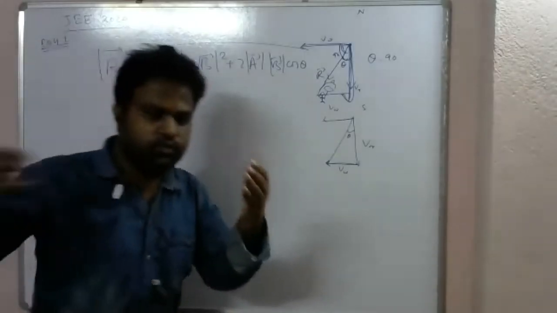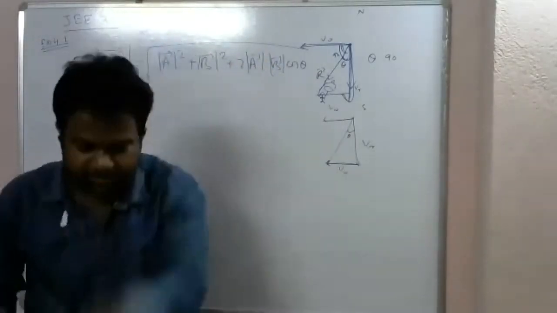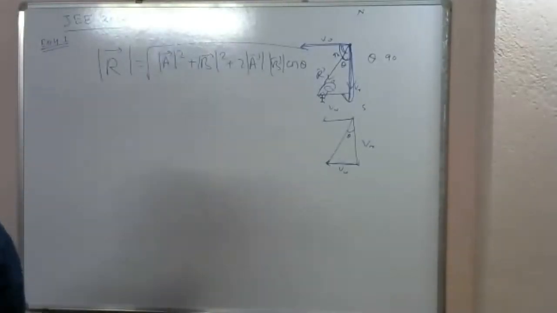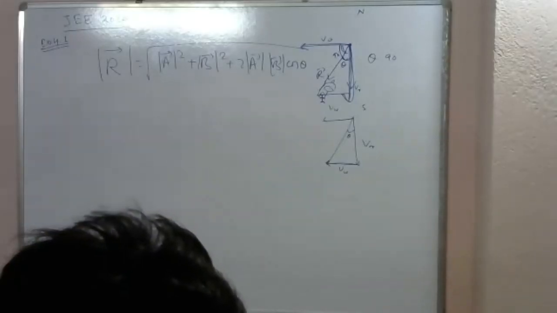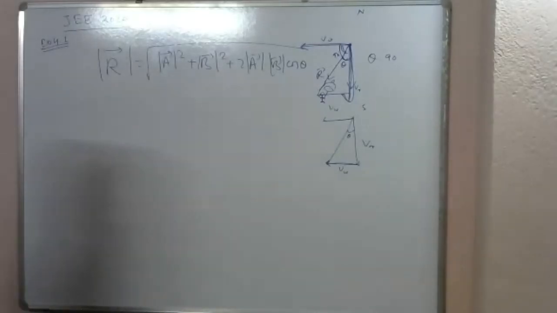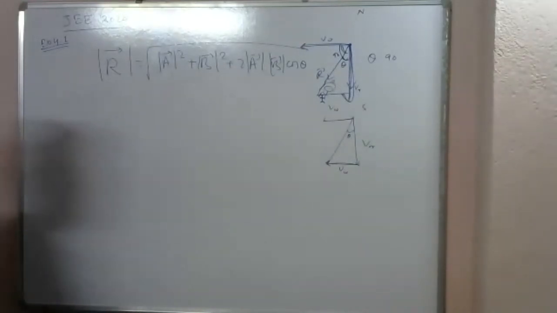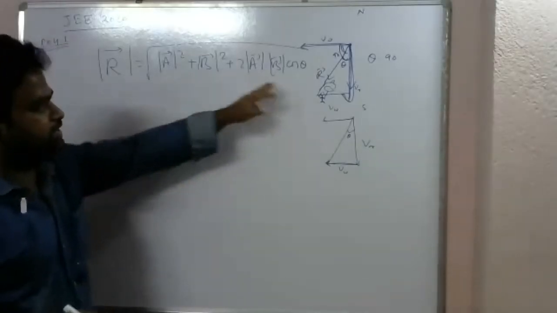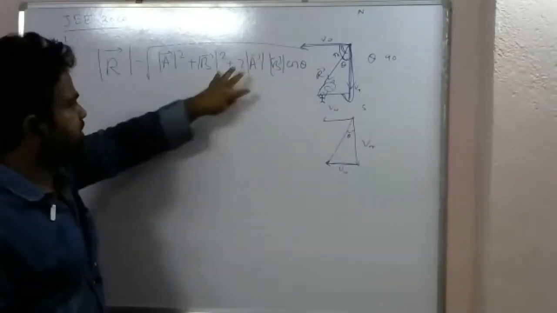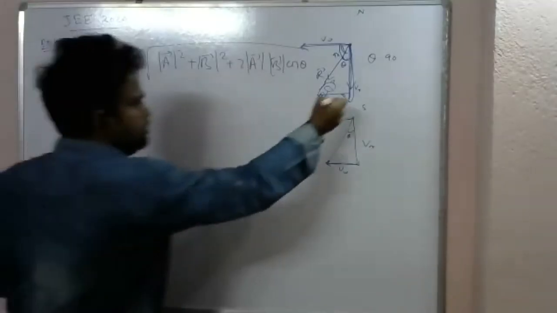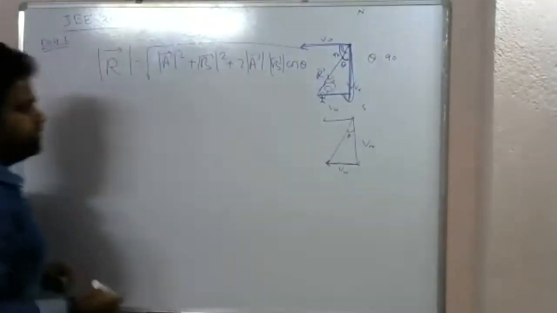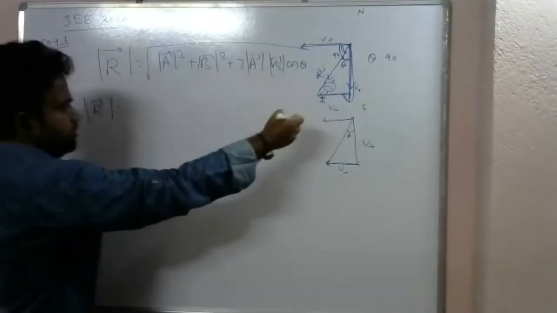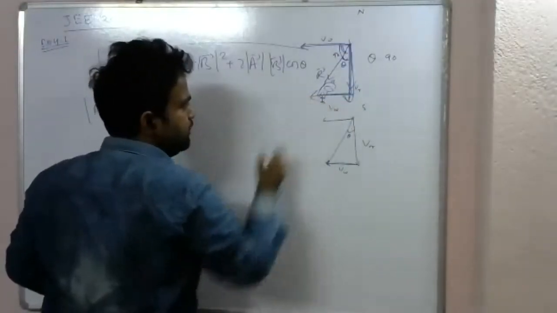Here the wind is creating one vector, and the rain falling vertically down is another vector. Two vectors are working here simultaneously. Rain is falling down and the wind is blowing it. Then we have to find the resultant, so simply you use your formula. This is your V rain and this is your V wind.